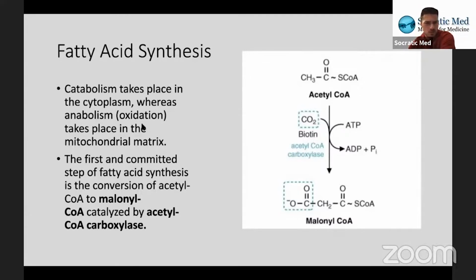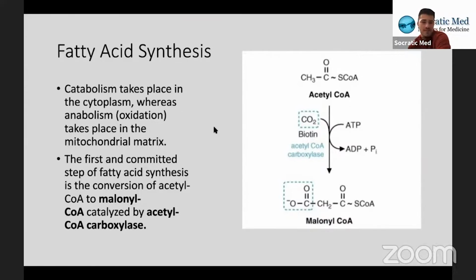I think that might be... Anabolism is not oxidation. Catabolism is oxidation. So I'm going to fix that. Yeah, but we're talking about anabolism now. So anabolism is fatty acid synthesis, and it's going to take place in the mitochondrial matrix.